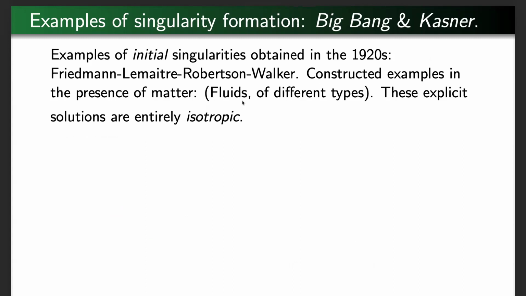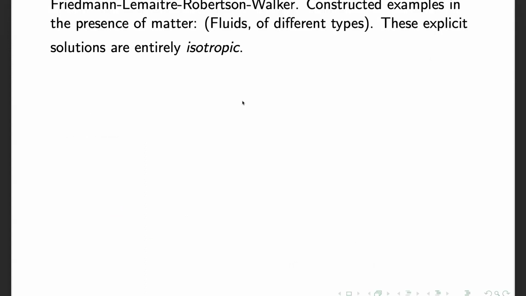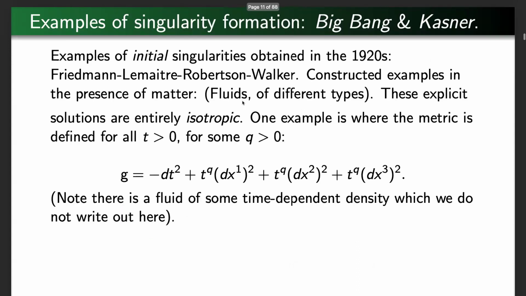So all directions are the same. Imposing this ansatz, one can construct explicit solutions that we all learned in a basic GR course, where all directions shrink down to nothing. So Q is a positive constant. We go up to time equals 0, and the whole space has shrunk down to nothing in a synchronous gauge.